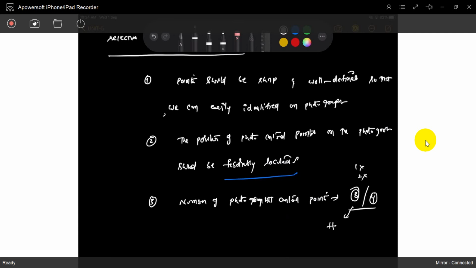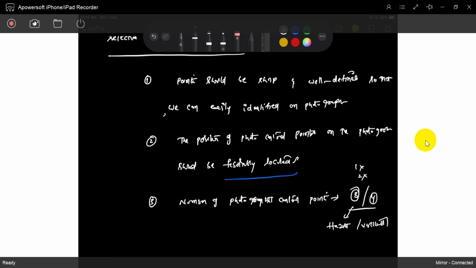Horizontal control and vertical control, both at least 3 horizontal control points and 3 vertical control points. That is the number of photo control points required.